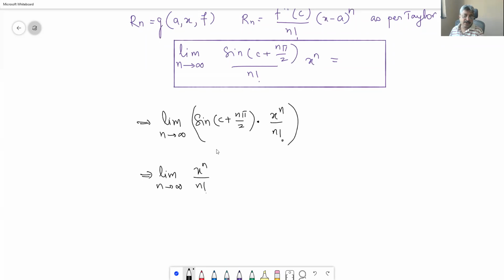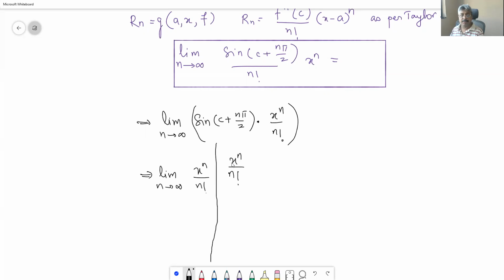So let us take this function separately and deal with it, and then take the limit as n tends to infinity. What is this? X raised to n upon n factorial. Who is more powerful? X is a fixed finite number, one number on the number line. We don't know, it might be a big number, but it is finite.